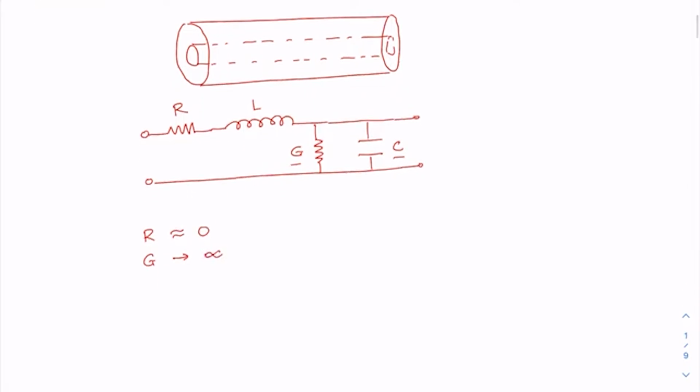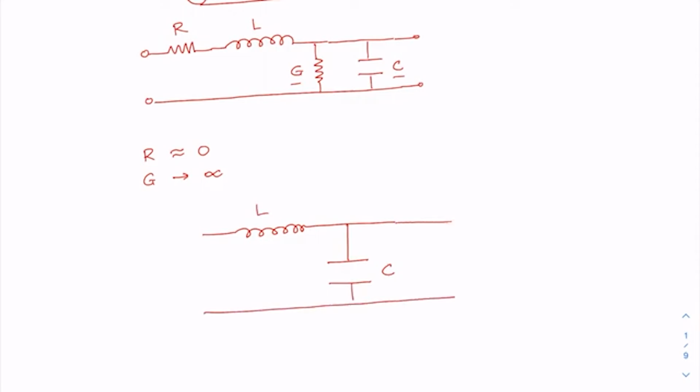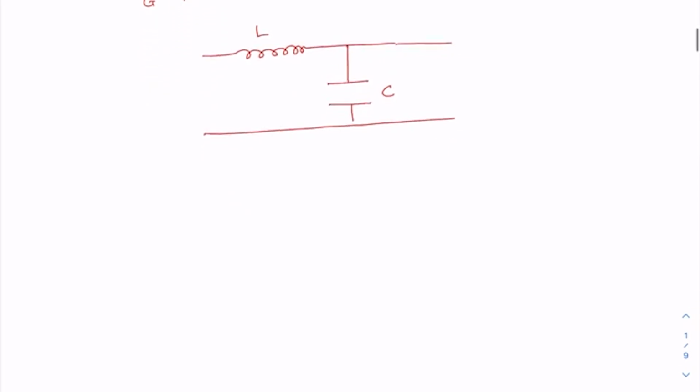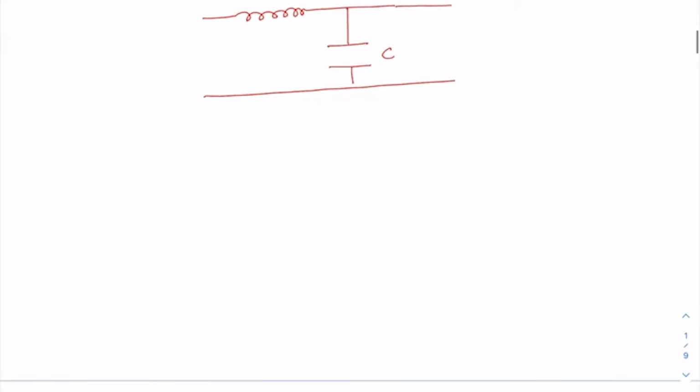Under these two approximations, the schematic of the coaxial cable would be very simple. We'll have an inductance and a capacitance only. So now let us go back to the given problem, where we are asked to find out the capacitance as well as the inductance of this coaxial cable.